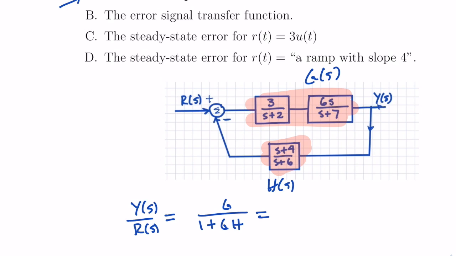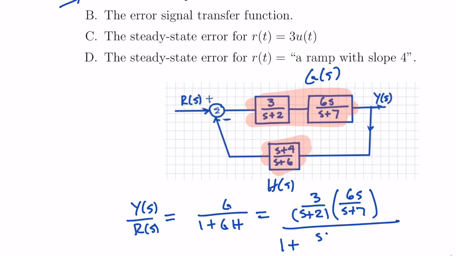So we have these things that we can plug in: 3 over S plus 2, 6S over S plus 7, and then on the bottom, 1 plus all these things multiplied together. We could simplify that, but really there's not a point to simplifying it, so we're going to move on.